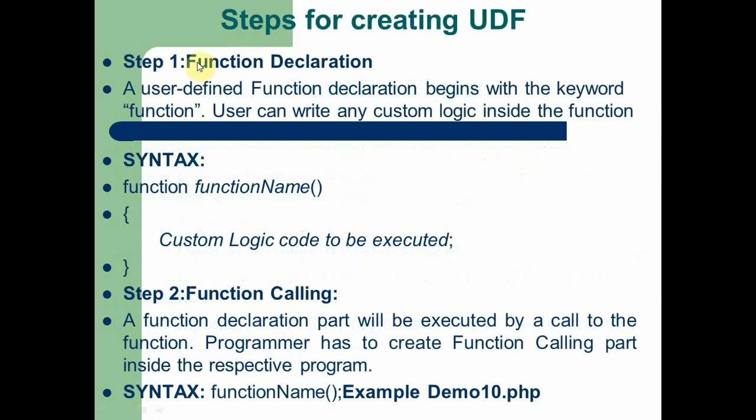Step number one, function declaration. Step number two, function calling. In step number one, function declaration, the programmer should define the name of the function, inputs, that means parameters of the function, and output, that means return of the function.